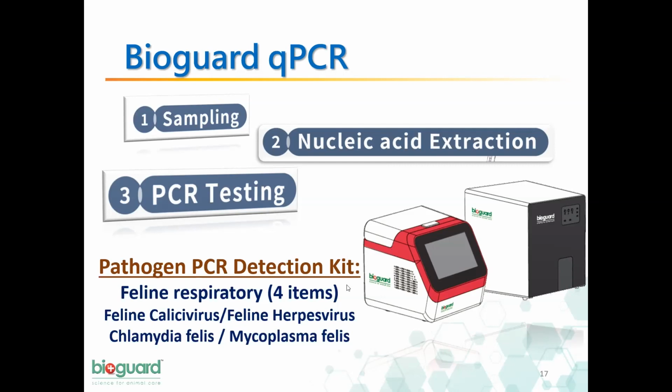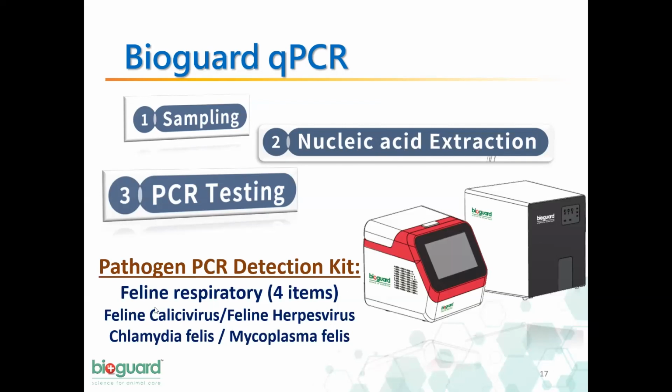And also, this machine comes with PCR detection kits, which are ready-to-use kits just after the sampling and nucleic acid extraction through our nucleic acid extractor. You can directly use the PCR detection kits to do the PCR testing.